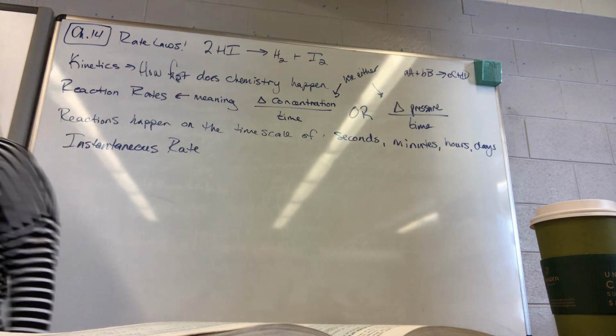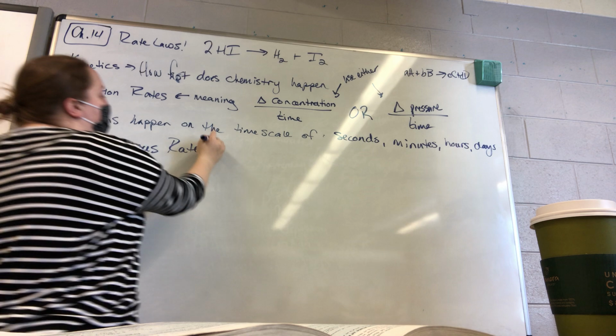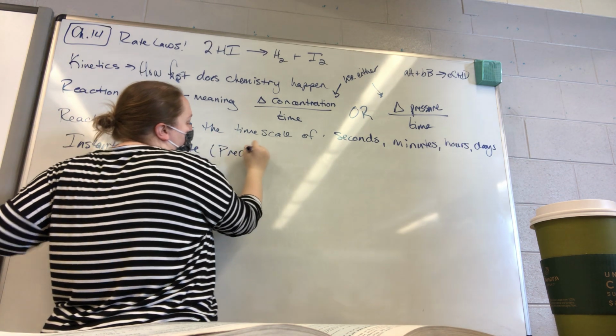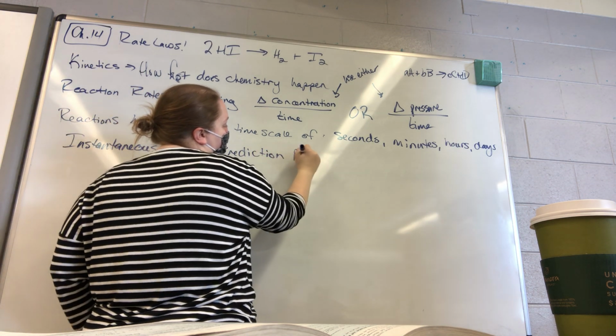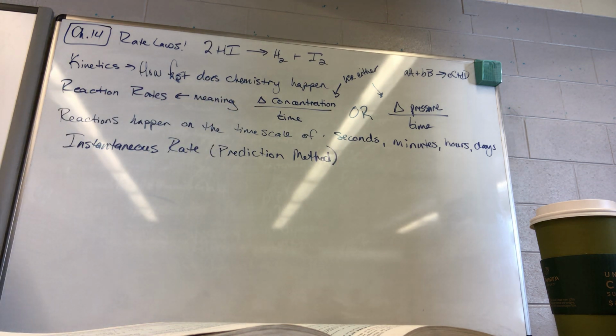Okay, so the next thing we discussed was instantaneous rate, also known as the prediction method. This is something you would use if you were asked something like, what is the rate that is predicted based on this equation? Okay?